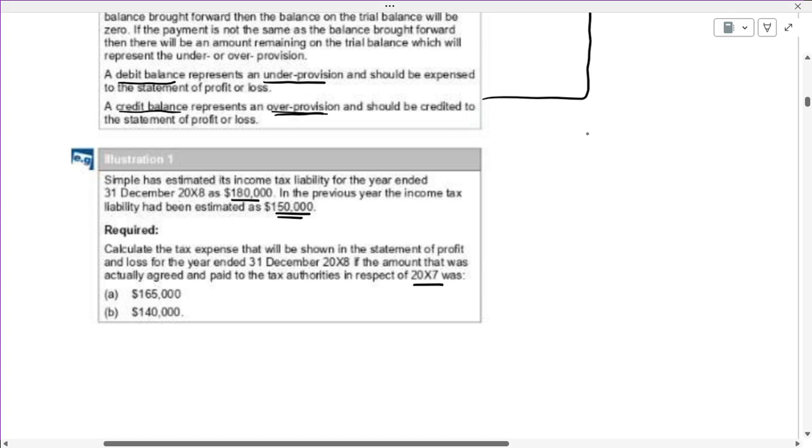The previous year is 2007, where we estimated 150. Calculate the tax expense to be shown in the statement of profit and loss for the year ended 31st December 2008.